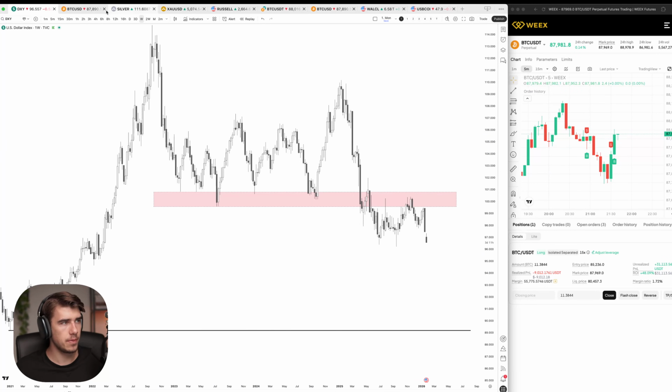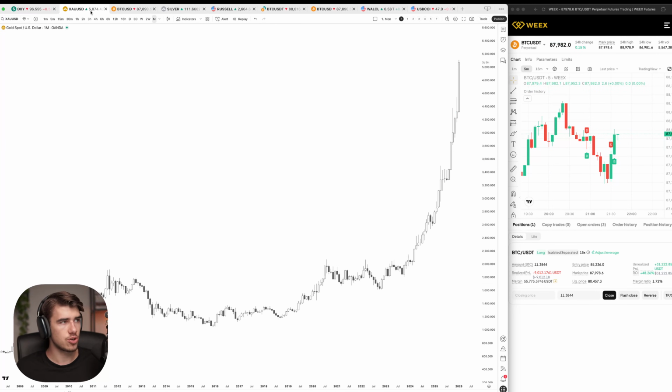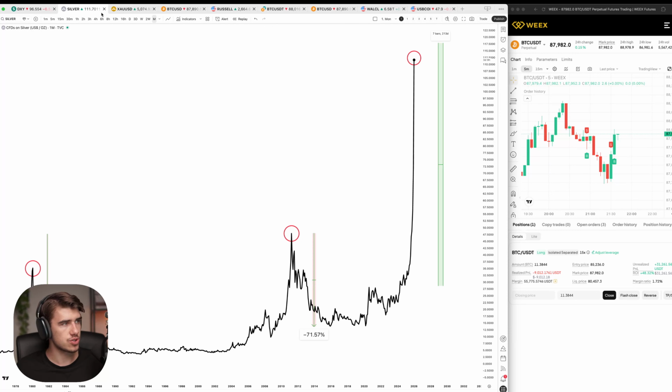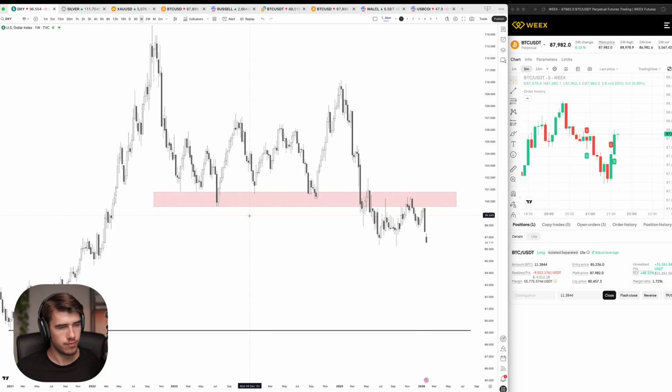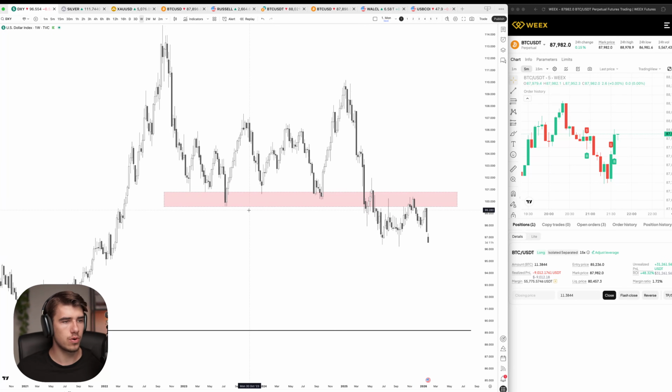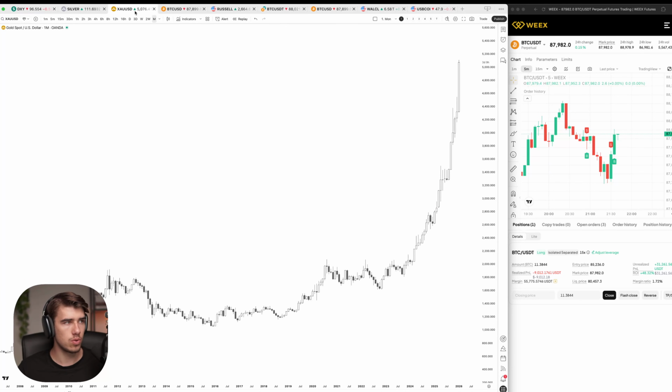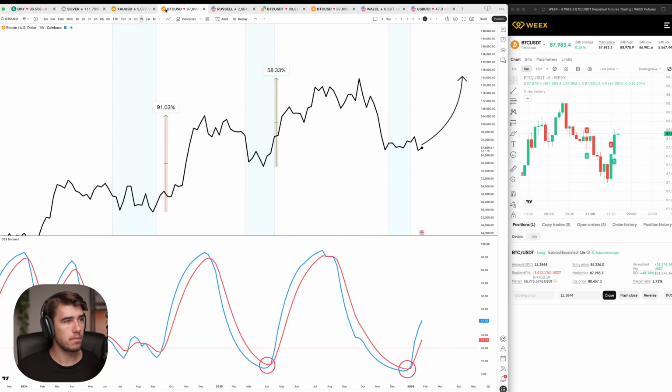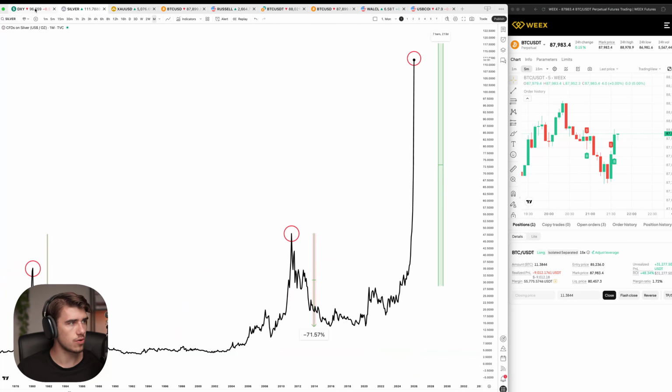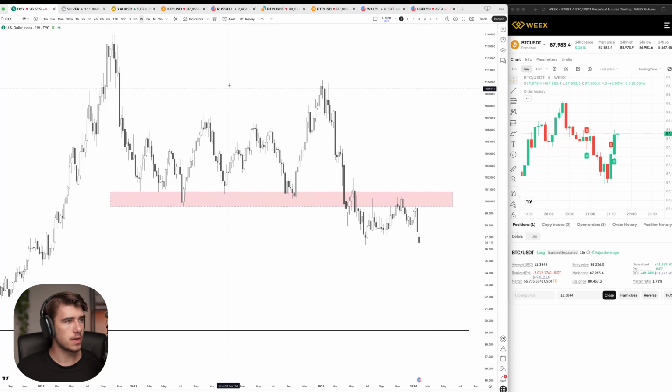A lot of people say all that capital is just going to flow into gold and silver, as we're seeing right now. And you're right, it is, because the dollar getting weaker and weaker is also bullish for precious metals such as gold and silver. But inevitably, Bitcoin is going to follow. It just takes a while because it sits way further up on the risk curve, but inevitably it will follow.